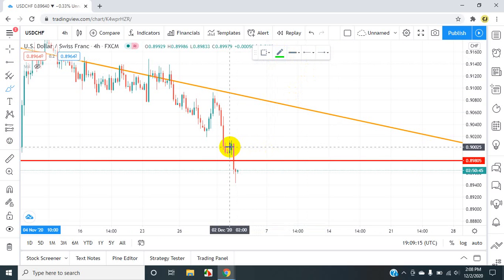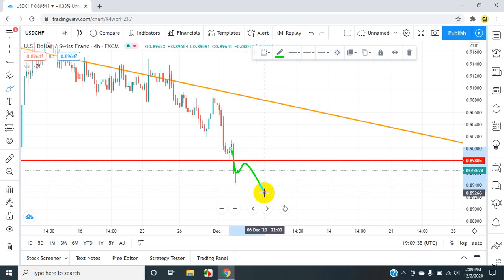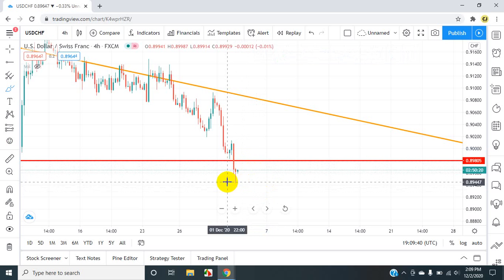What this candle did was it came down and broke through, and whenever the market breaks through an SR line or support line, it's always going to retest it by coming back up, touching it to see what it's going to do. So it's either going to break back up into that support line and go up, or it's going to drop straight down. Okay, so right now we have to wait to see what that's going to do. I'm going to erase that.